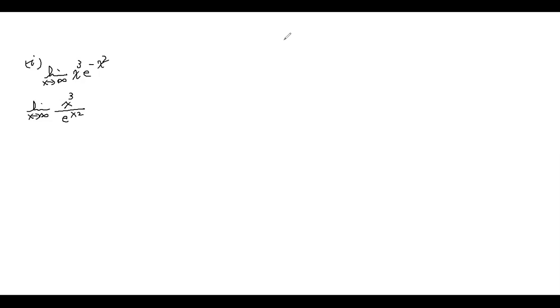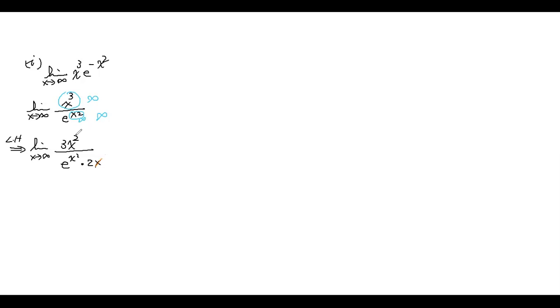Now you put in infinity, this one will be infinity, and e to the infinity is infinity. So I know this is infinity over infinity. So what do we need to do? L'Hopital's rule, right? The limit as x approaches infinity, the derivative of x cubed is 3x squared, over the exponential e^(x squared), chain rule, 2x, right?